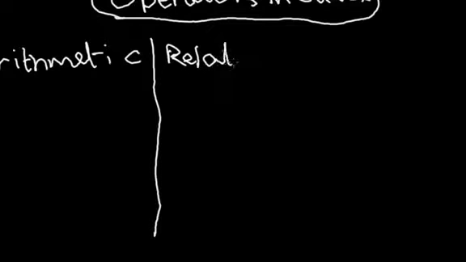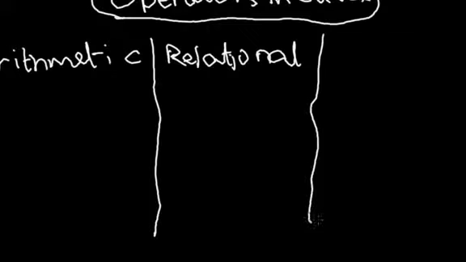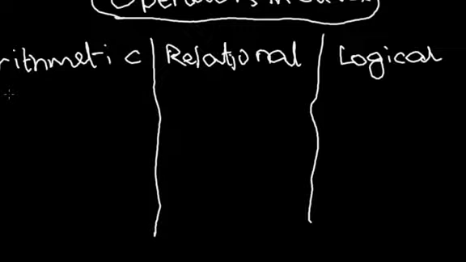As the name suggests, they check a particular relation between two quantities. And there are logical operators, which we will get into later. I'm not going to explain logical right now, I'll explain it to you later.